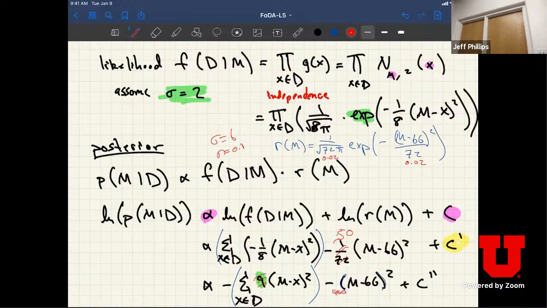Right? So if I said this is a very narrow distribution, it's really centered around 66 because I have a lot of data that went into that, so I'm going to weight the prior 400 times as much as one data point. So if I only have 5 data points here, the term coming from the front is really going to dominate.